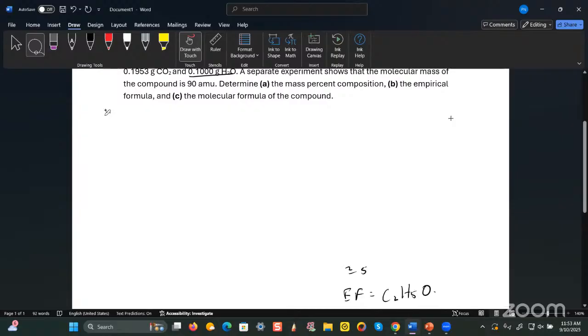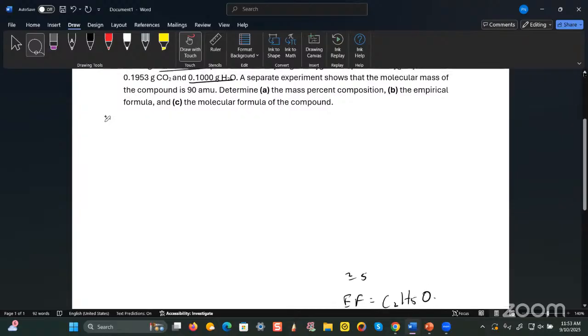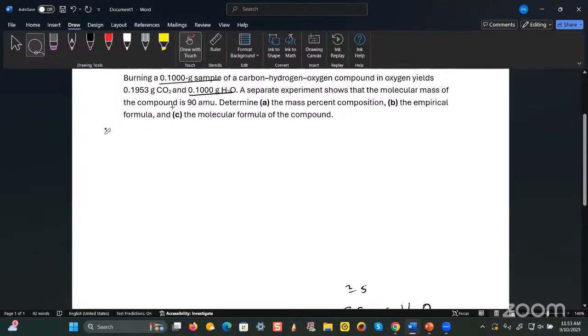Now the molar mass is given as 90, right? They gave it to you in the form of the molecular mass, but we can use that same number for the molar mass. So this is how we go about doing that part. Now remember, the empirical formula was C2H5O, right?